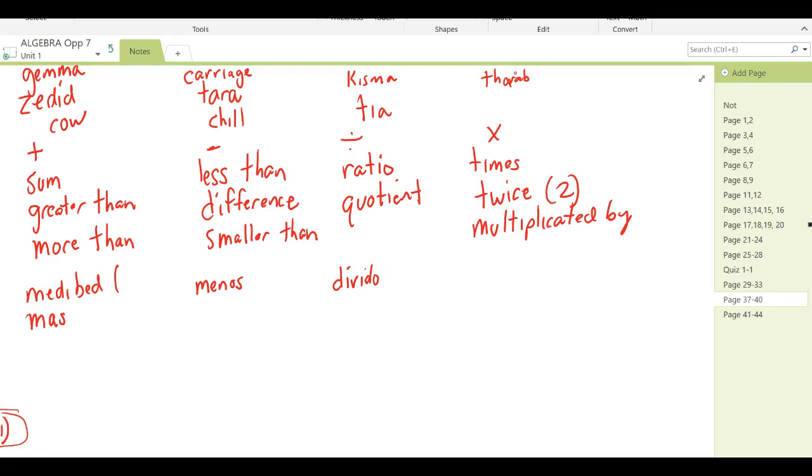I remember the divide, they call it Taksim. Yeah, Taksim. Okay. Stop. How do I say multiply in Urdu? I don't know. Not a problem. But I think they call it Zarab.